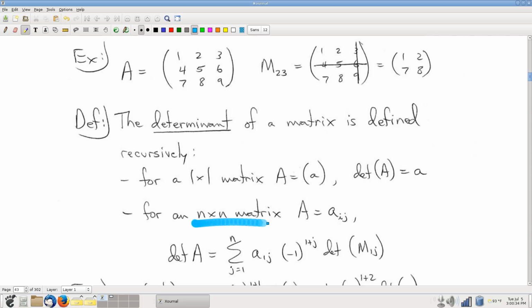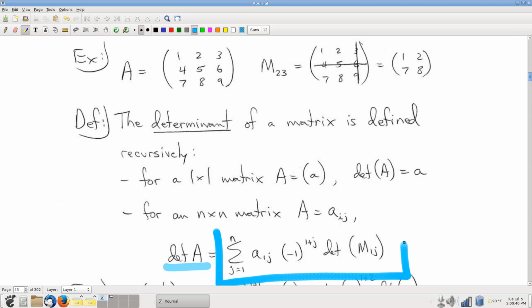For a larger matrix, the determinant is defined by this formula. It's a big formula, certainly. So this is recursive. In particular, notice that this n-by-n determinant is defined in terms of determinants of n-1 by n-1 matrices.